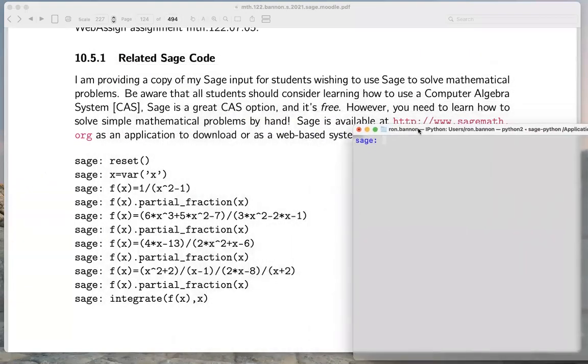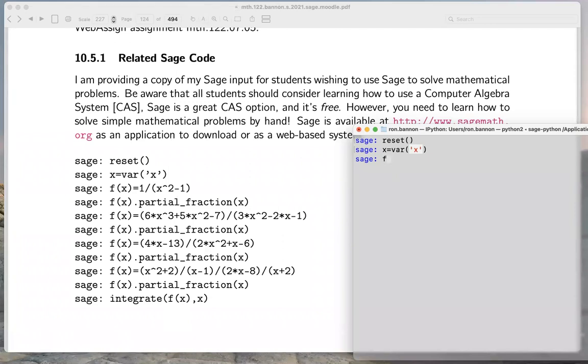Again, the point of this is just to learn a little bit, right? So reset, x is a variable. Again, we'll talk through this in a moment. Reset basically clears out the memory of my prior problems. I'm defining a variable x. It's actually a default in Sage, but it's really good practice to define your variables before you use them.